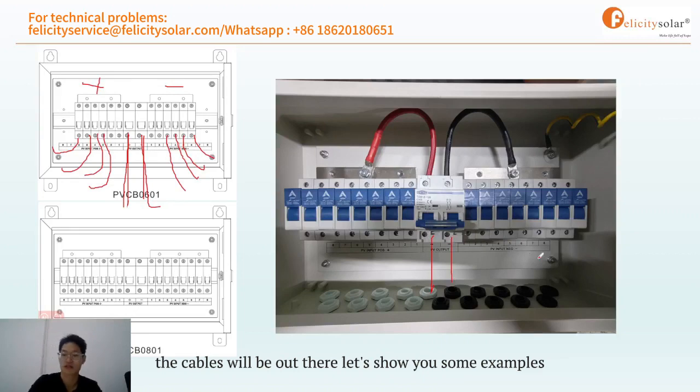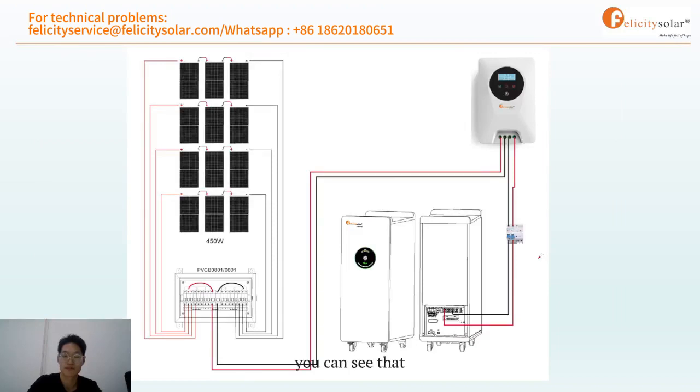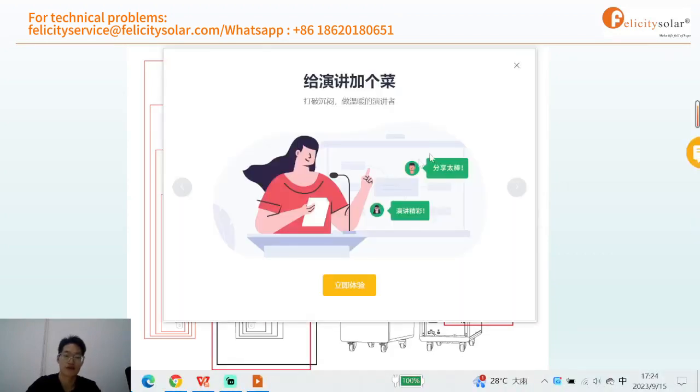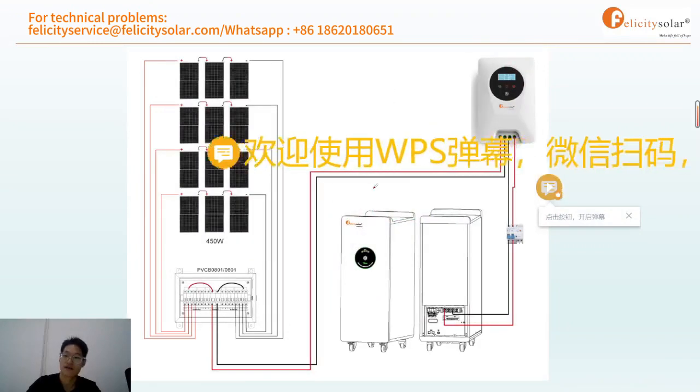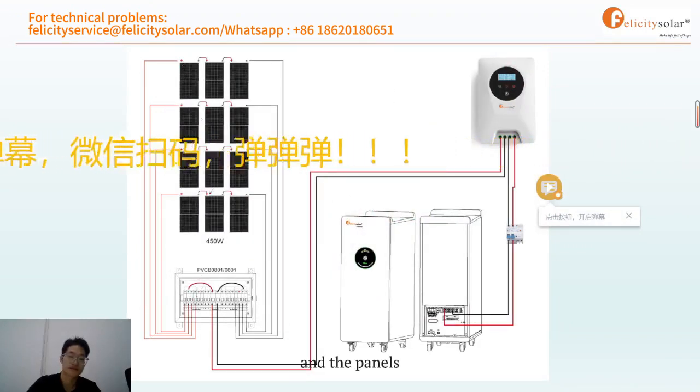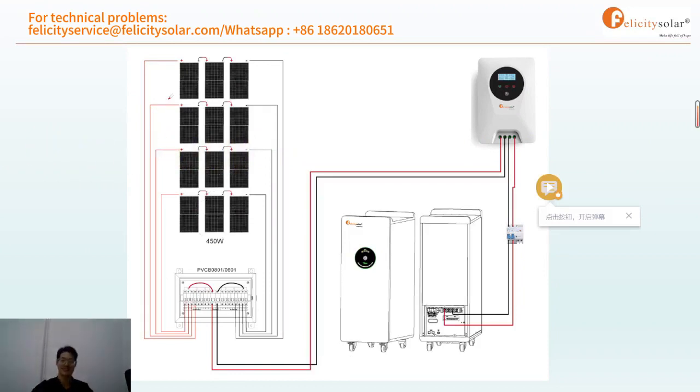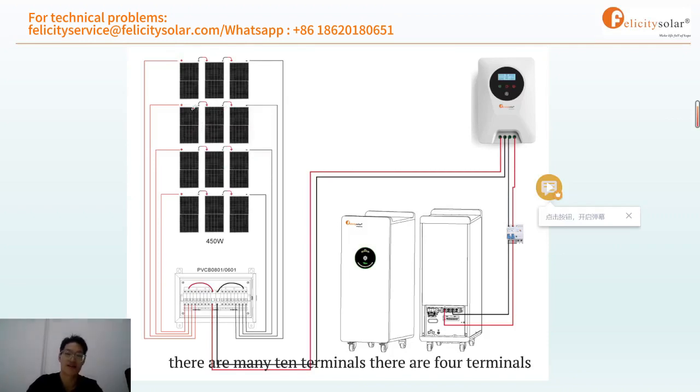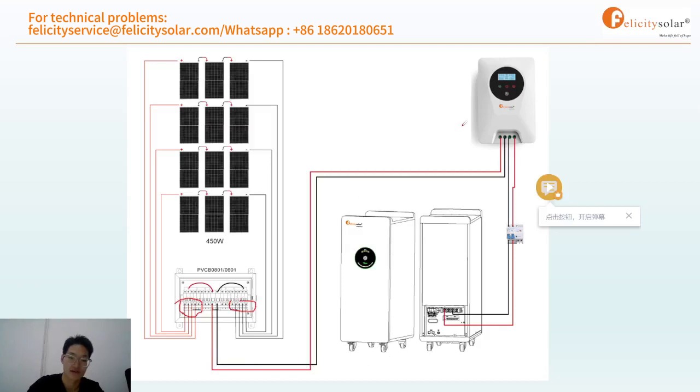Let me show you some pictures. You can see that in this system there are 12 panels, and the panels' positive and negative terminals, there are many terminals. There are 4 terminals connected in there, because the MPPT only has one positive and one negative PV input.